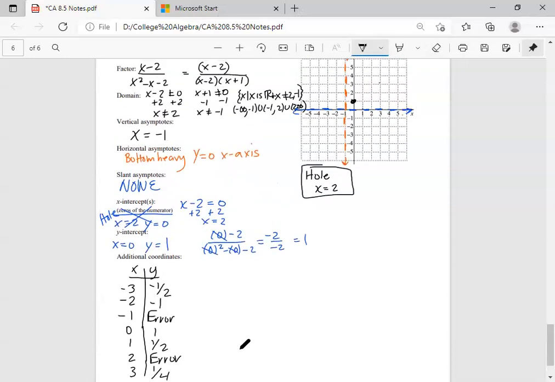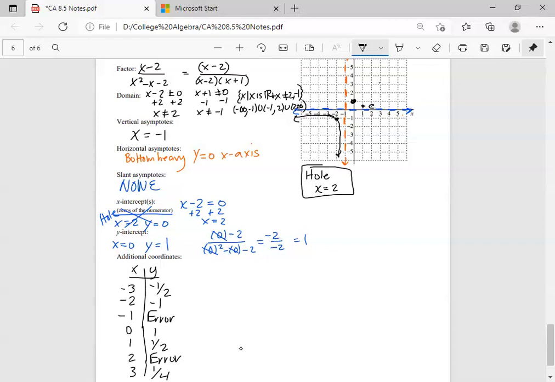So let's see if this is enough for me to plot this. I have a point at -3, -1/2, and -2, -1. -1 was my asymptote, I guess, so there's a problem there. 0, 1, that was my y-intercept; I already plotted that. 1, 1/2, and 2 is a hole.